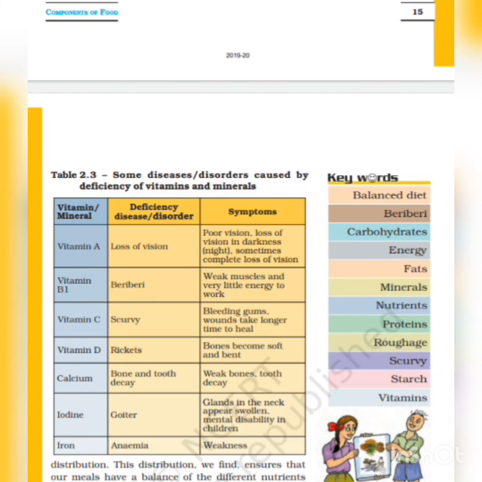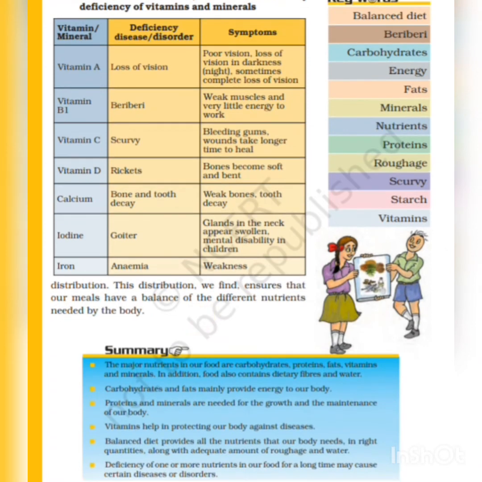A balanced diet should contain every kind of food. You should remember everything as much as you can. In this chapter, what did we learn? If I recapitulate everything, first of all we understood what food contains. Food contains nutrients. What are the types of nutrients? Carbohydrate, protein, fat, vitamins and minerals, and dietary fibers.